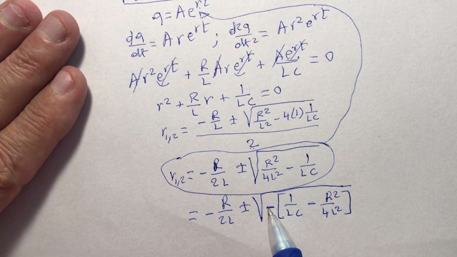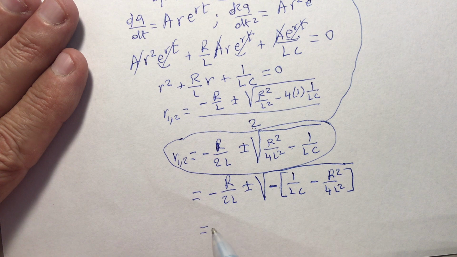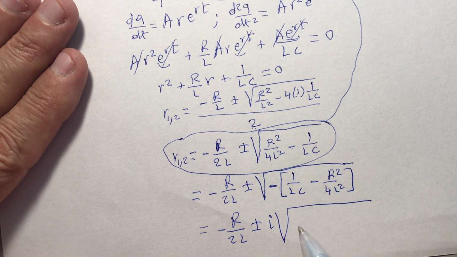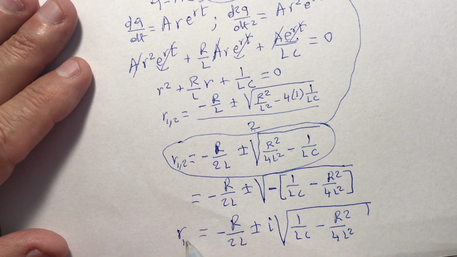Minus 1 is equal to i squared, so when i squared comes out of the radical, it becomes i. So I can write minus R over 2L plus or minus i times the square root of 1 over LC minus R squared over 4L squared. And here is now that r_2.